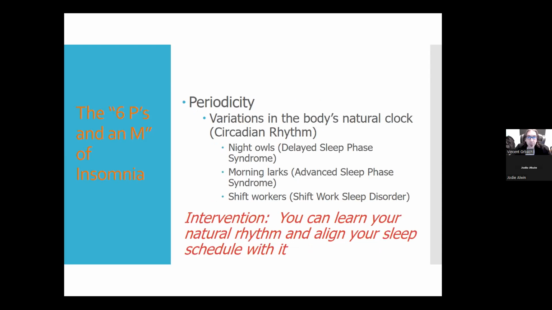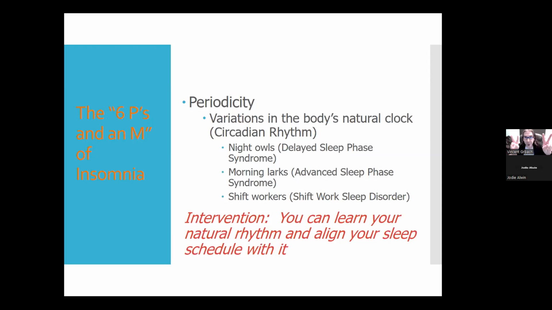Periodicity is an important thing to look at when you are evaluating somebody potentially with chronic insomnia. The classic example of this I give is when I see somebody who is a college student, and they've managed to schedule all of their classes for their first 2 or 3 years of college so that they never have to wake up before noon. And then all of a sudden in junior or senior year, they have an internship where they're expected to be at work at 7:30.